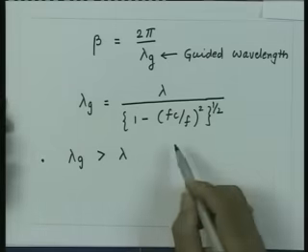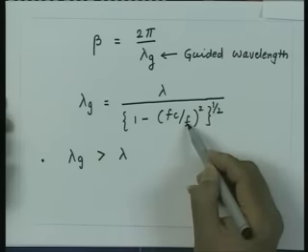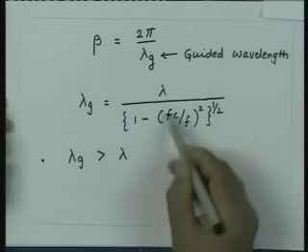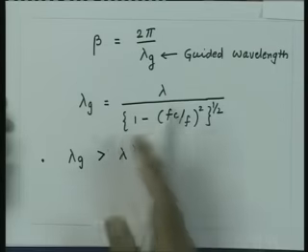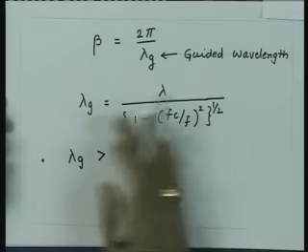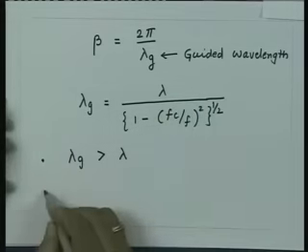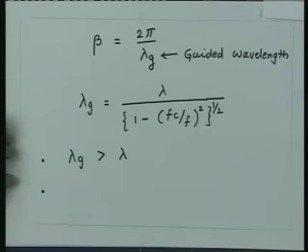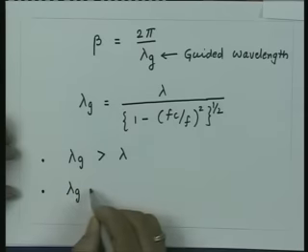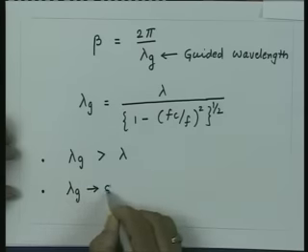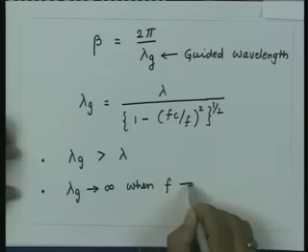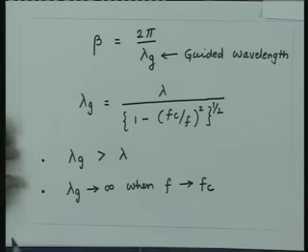The second thing we note from here is that as the frequency approaches the cutoff frequency, this quantity tends to 1 and the wavelength becomes larger and larger, and at cutoff frequency the wavelength becomes infinite. So, the second important conclusion is that lambda g, the guided wavelength, tends to infinity when the frequency approaches the cutoff frequency.